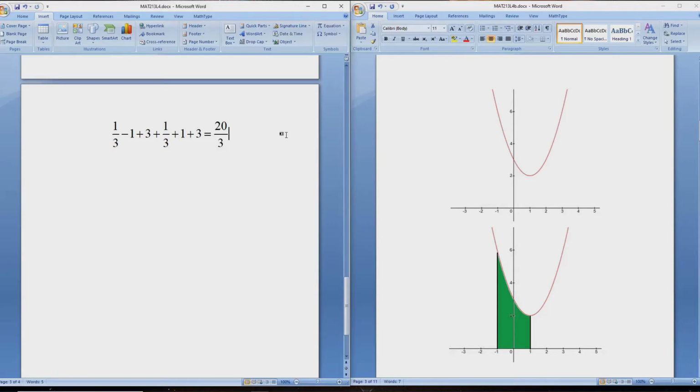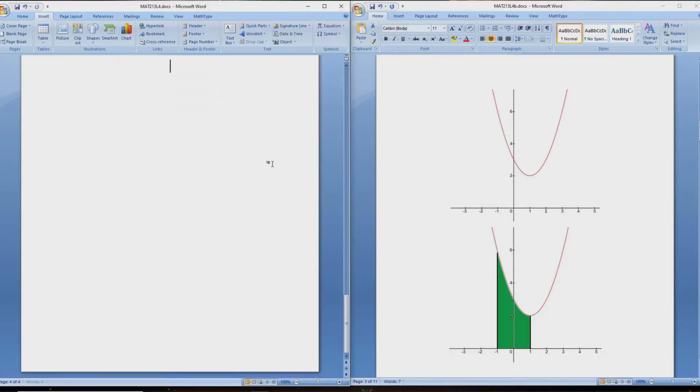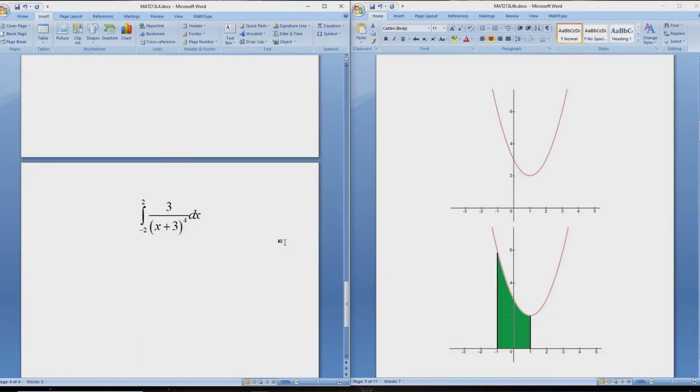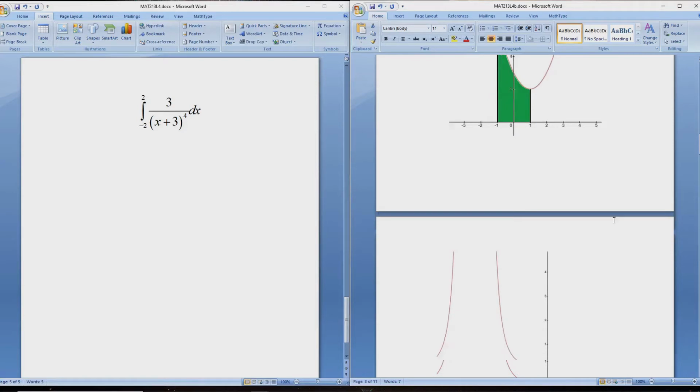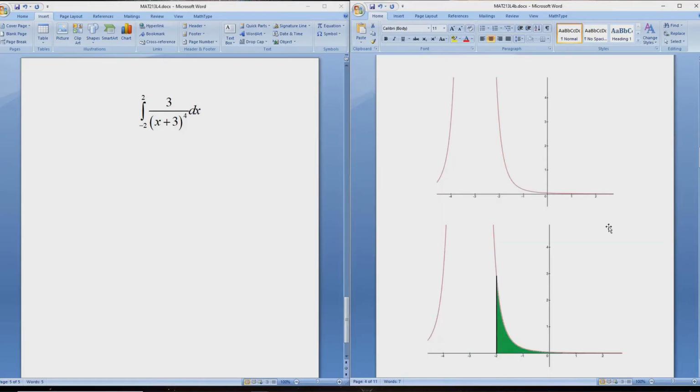So let's try another one. We'll do another one here that doesn't require any substitution yet. So here's what that graph looks like. And we're interested in the area that is from minus 2 to 2.